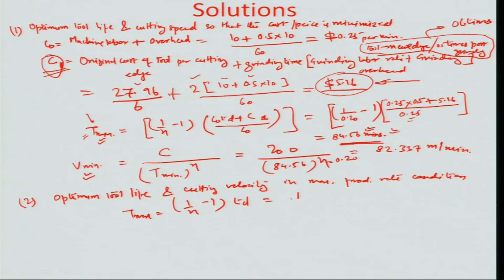In this case it is equal to 1 by 0.20 minus 1 times 0.50, so it is about 2 minutes, the maximum production rate condition.